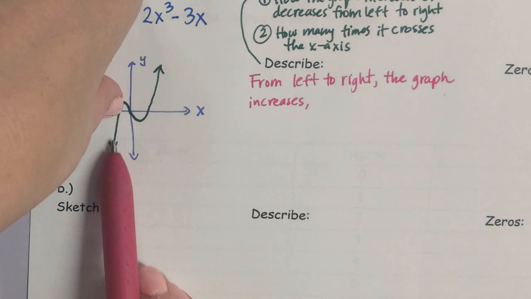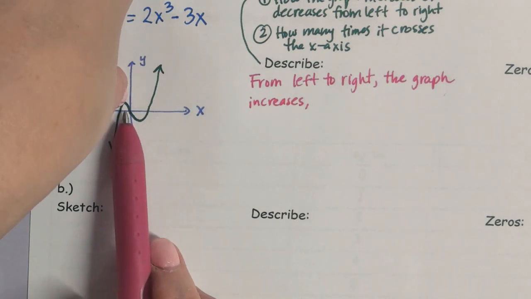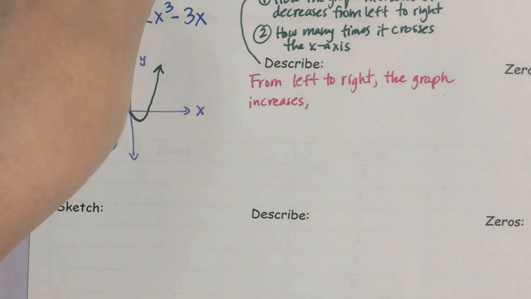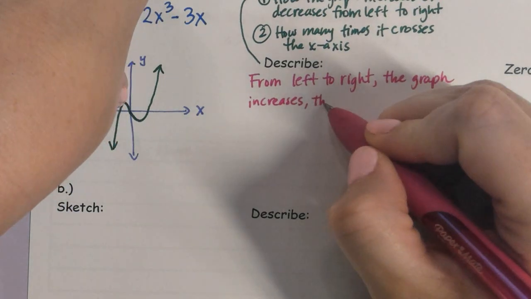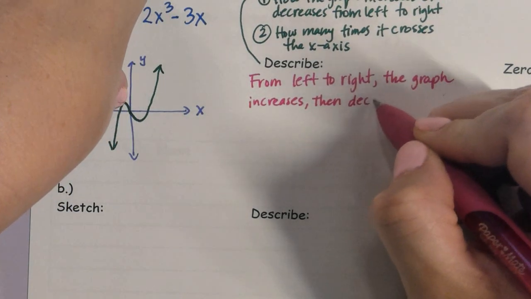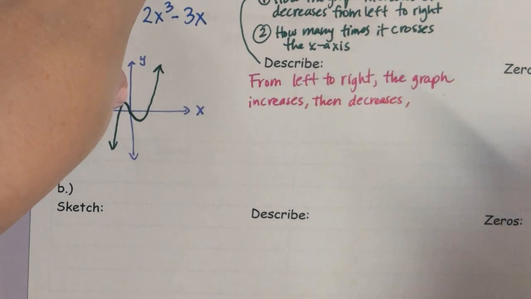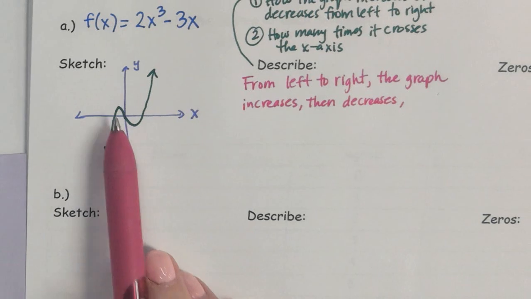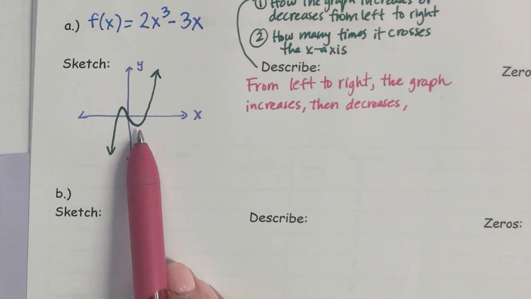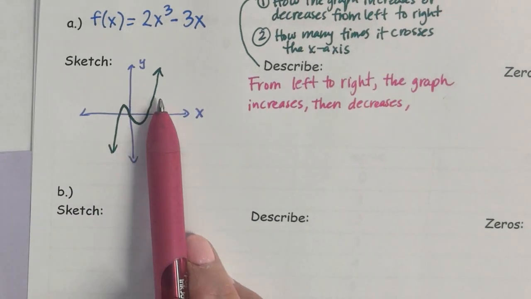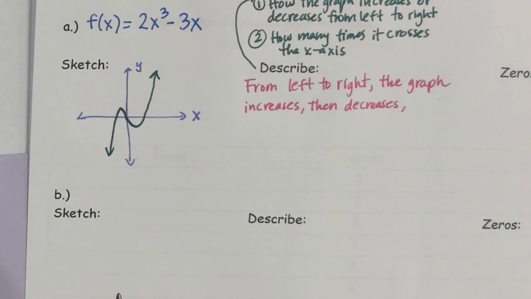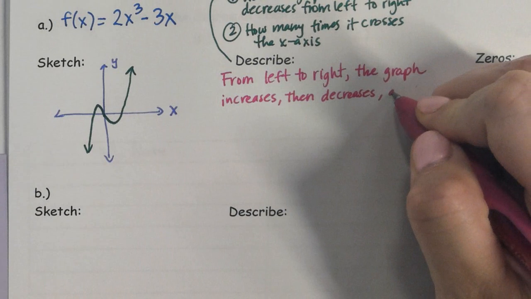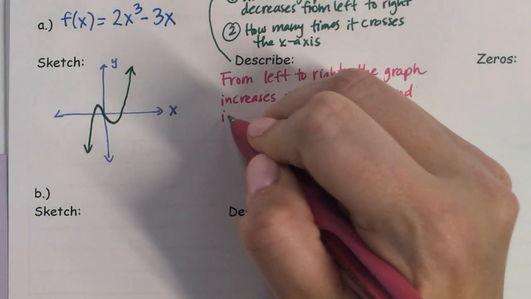Once it increases here, it decreases. So the graph increases, then decreases. Then we get to another curve, and it starts to increase again. So from left to right, the graph increases, then decreases, and increases again.